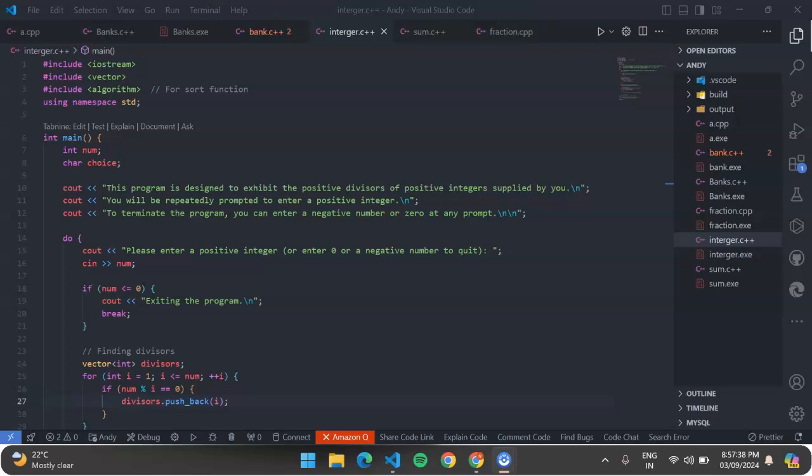The program should allow the user to repeat this process as many times as the user wishes. The program is to be terminated in either of two ways.